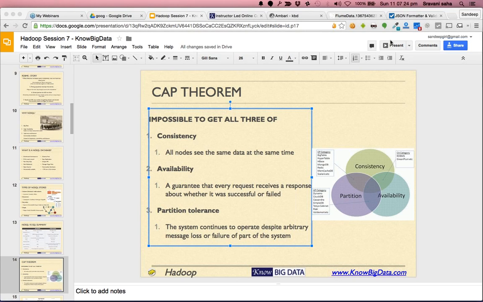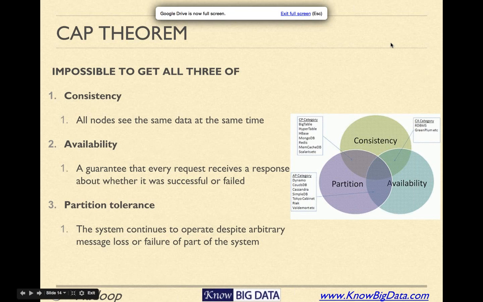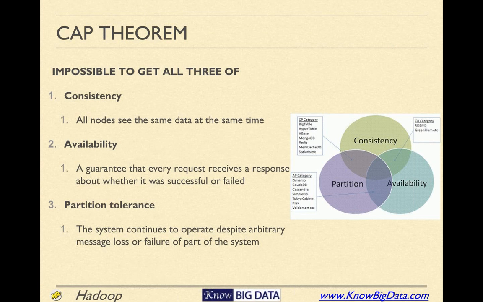Now we have been talking about consistency and ACID properties. Some of the researchers realized that it is not really possible to provide strong consistency in the case of databases.